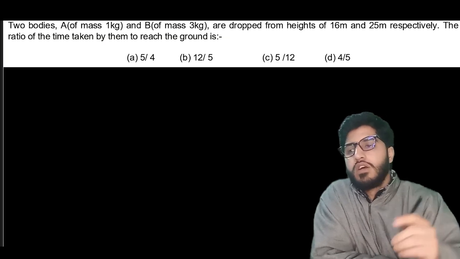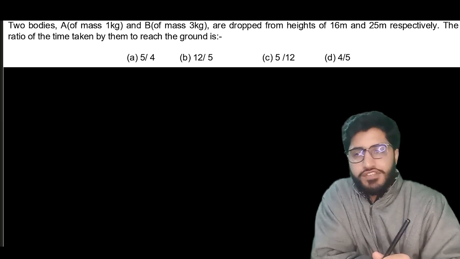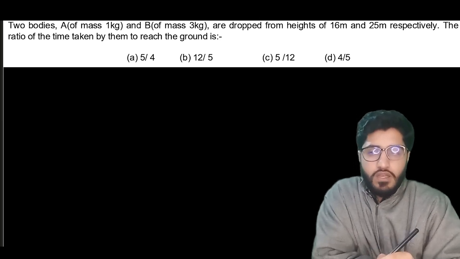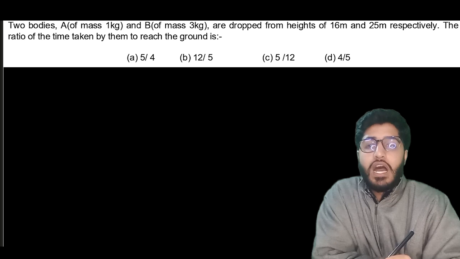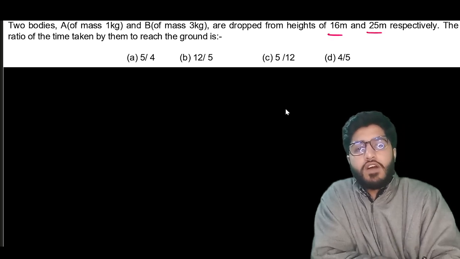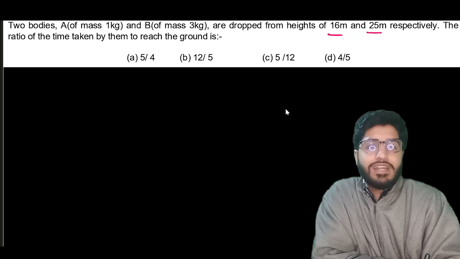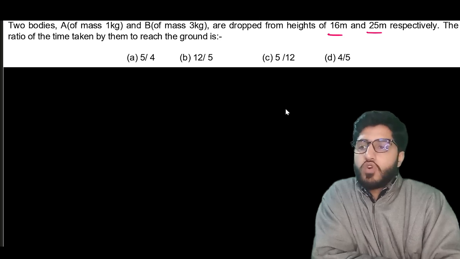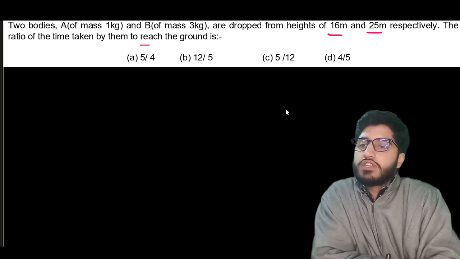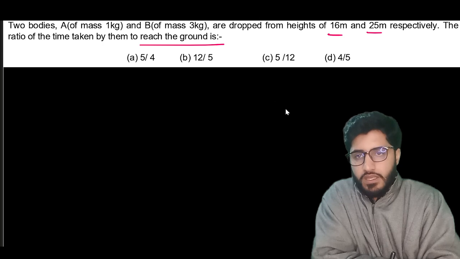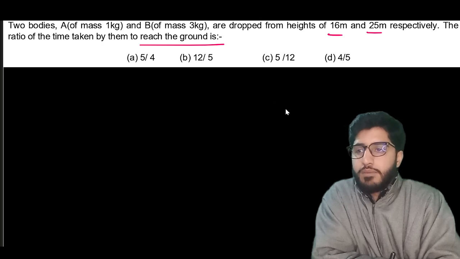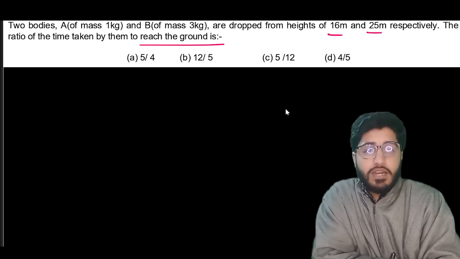Next numerical, two bodies. A, which has mass 1 kg, and B, which has mass 3 kg, are dropped from heights 16 meters and 25 meters. Different heights. The ratio of time taken by them to reach the ground is. Okay, so we have to find the time taken by them to reach the ground.